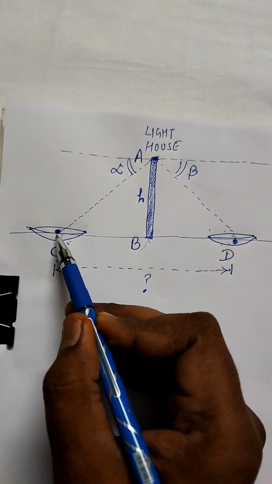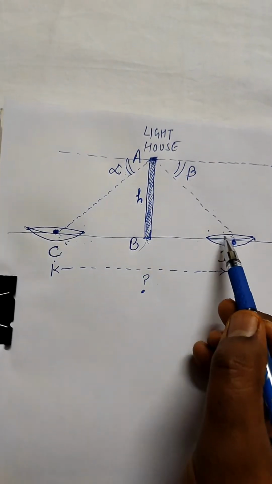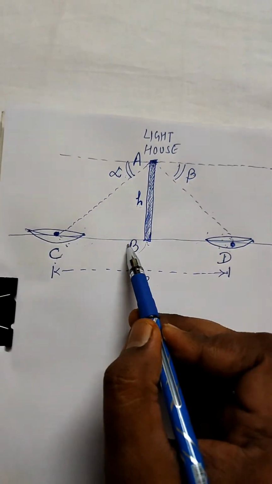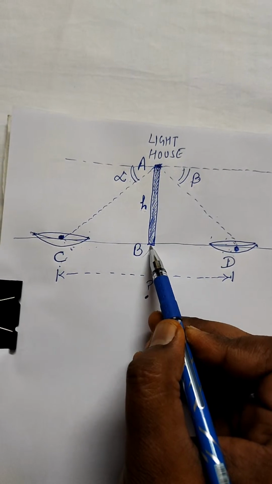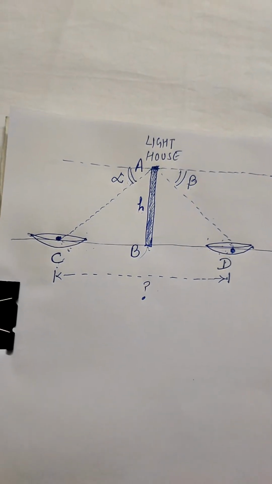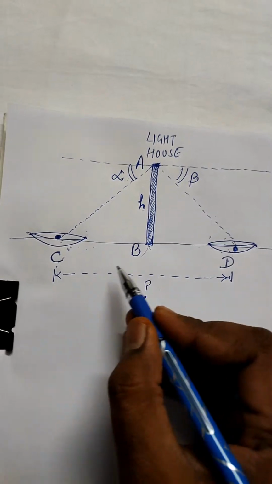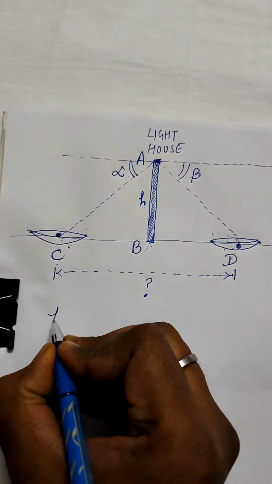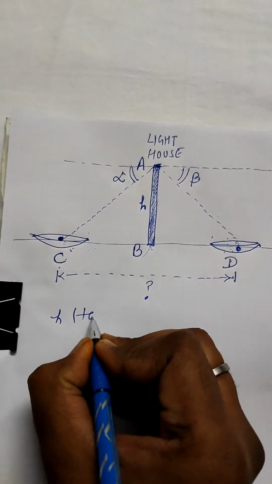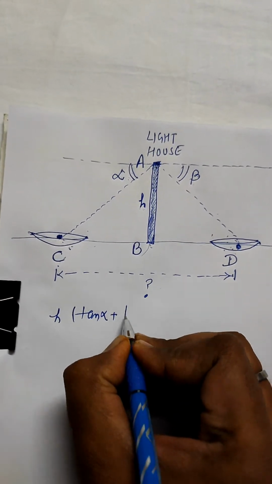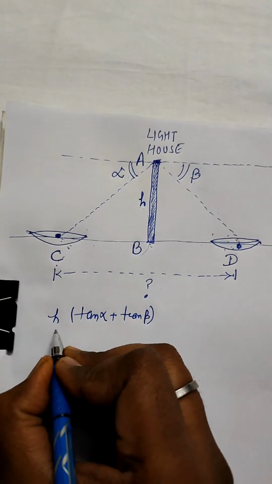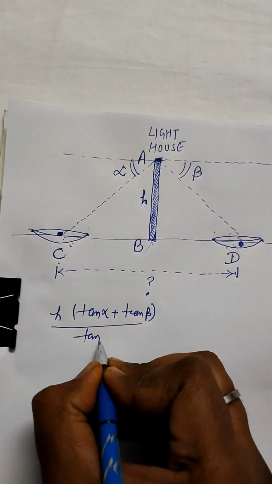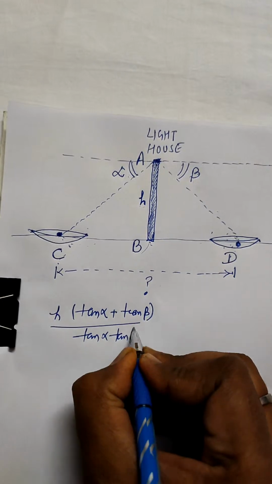Yes. So when you join the line of these two ships, it passes through the foot of this lighthouse, right? Now we need to show that the distance between the two ships is h times (tan alpha plus tan beta) divided by (tan alpha tan beta).